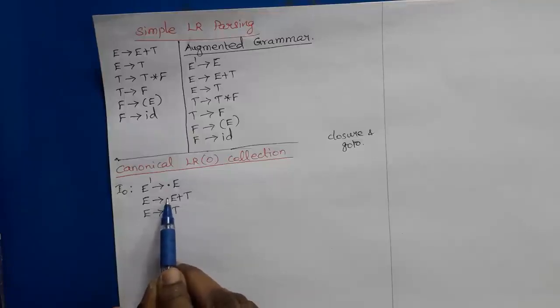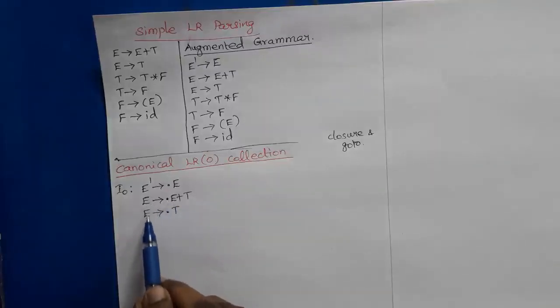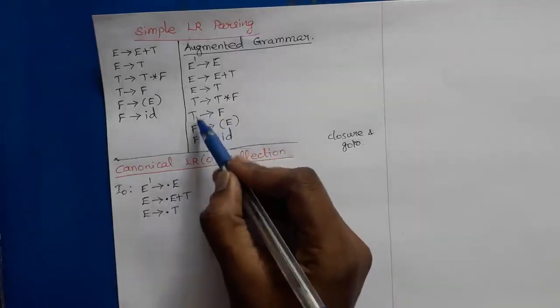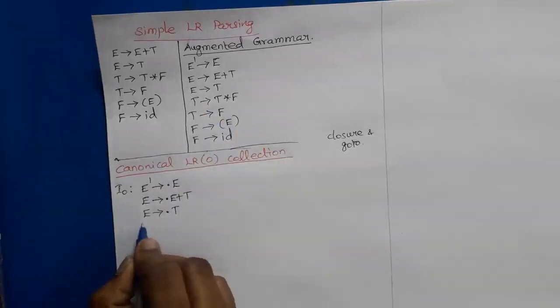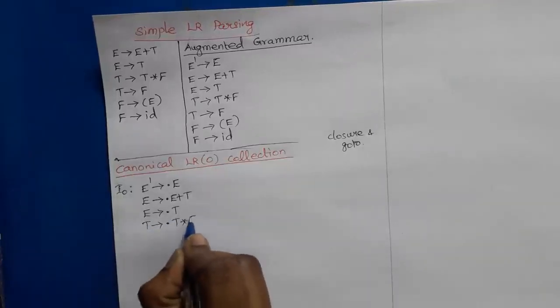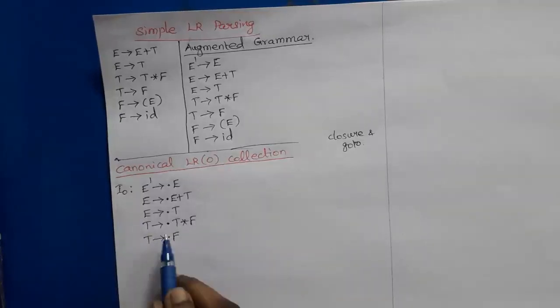And again check whether the dot is followed by a non-terminal or not. Here the dot is followed by E, but we have already included both the E productions. Then the dot is followed by T, so we write both the T productions with the dot at the left end of the right hand side. The dot is followed by T again, which we have already included.